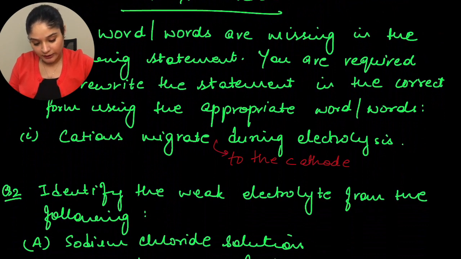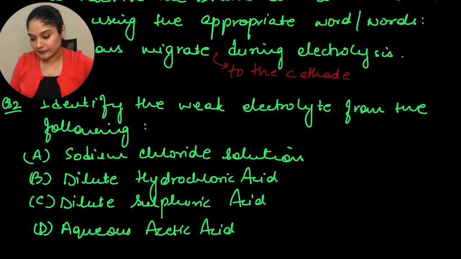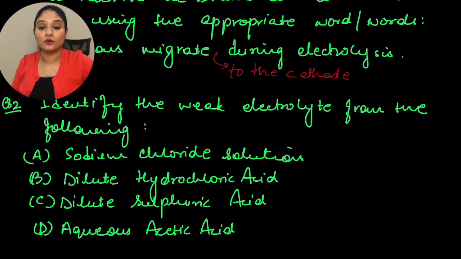Then let's move ahead. The next is, identify the weak electrolyte from the following. So the first one is sodium chloride solution. Of course we do know that sodium chloride is a salt solution and it gives you a lot of ions. So it's a strong electrolyte. It's not a weak one. Then same thing is with HCl and sulfuric acid.